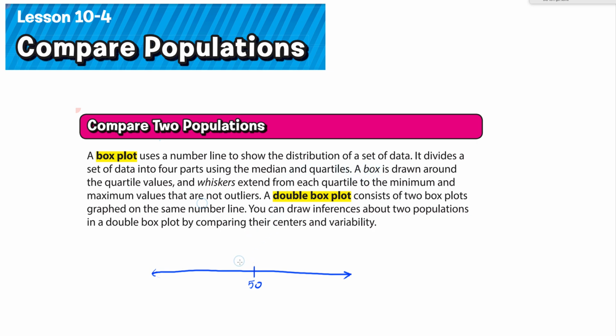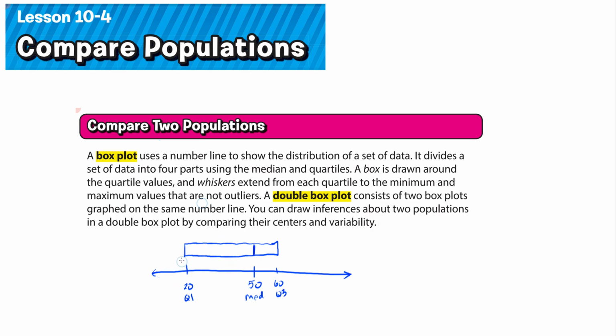So let's say this was the median, and let's say way down here at 20 is Q1, and then up here at 60 is Q3. So then what that's going to look like is you're going to have a box that goes from Q1 to Q3 with a mark at the median.